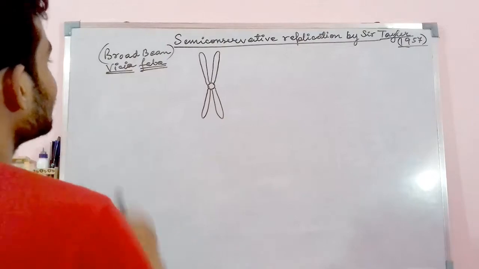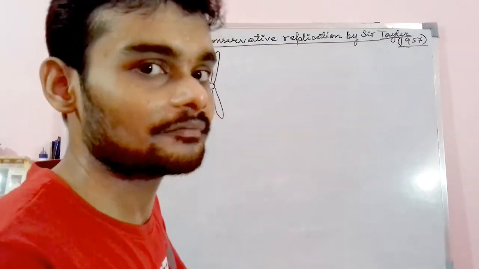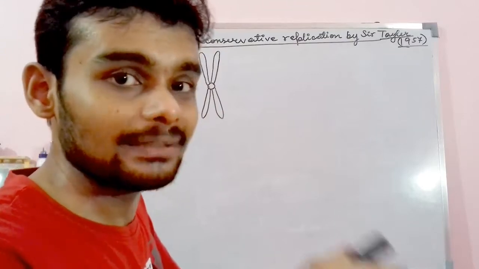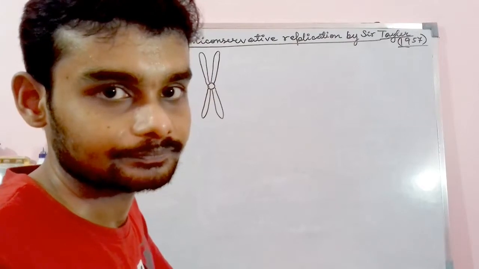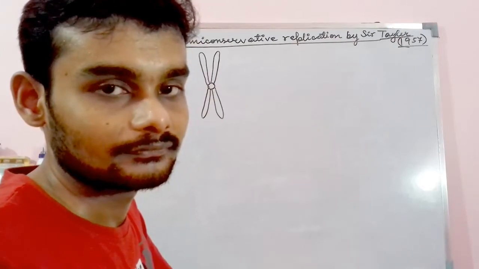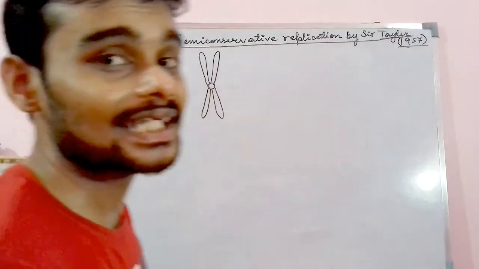He grew the broad bean cells, Vicia faba cells, in a medium of tritiated thymidine.